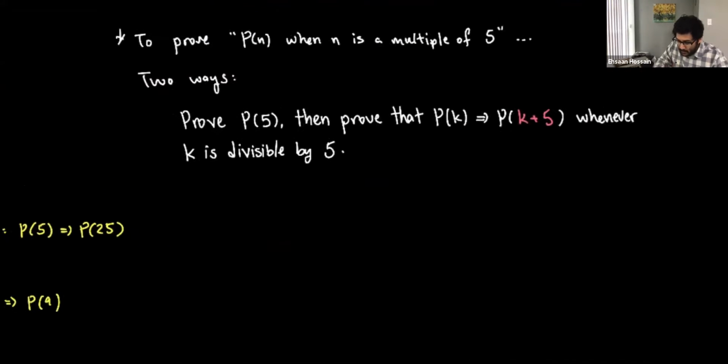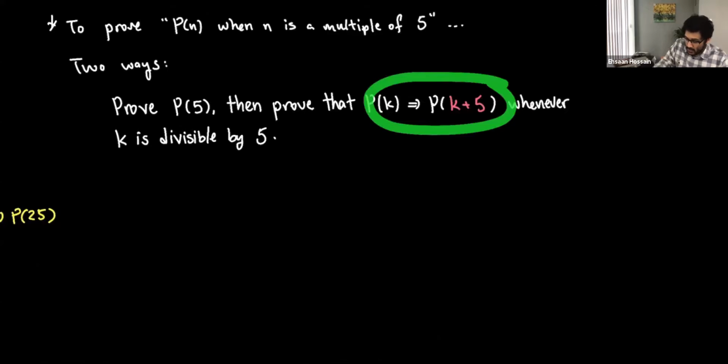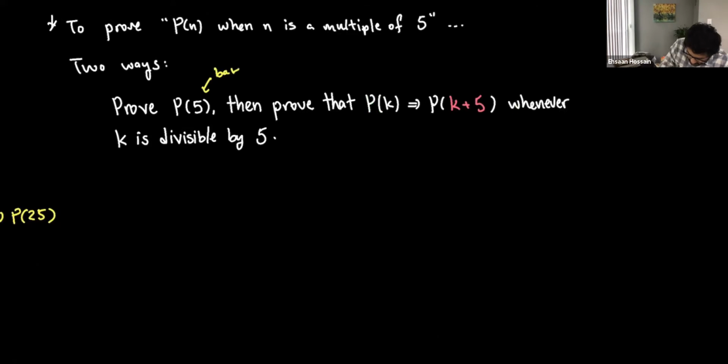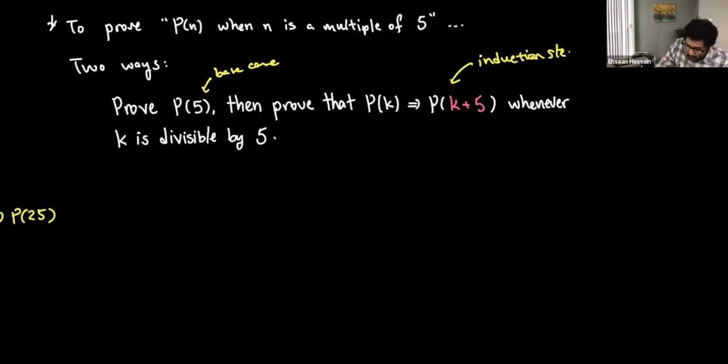One way would be to prove the base case P of 5, then prove this induction step, that you can jump up by 5. But I think maybe a better way to do it would be to express it in a different form. Say, let's prove P of 5k for all integers k.